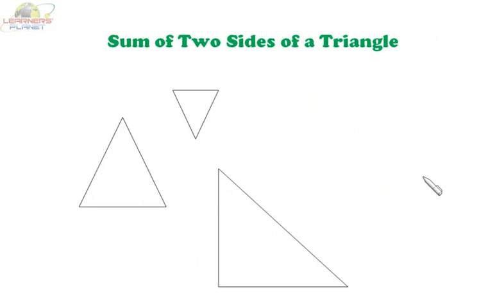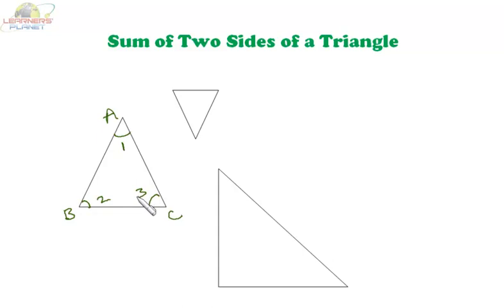Friends, now let's discuss the sum of two sides of a triangle, and we are also going to discuss that the sum of two sides of a triangle is greater than the third side. We see various triangles over here. Suppose this is triangle ABC, and this is angle 1, angle 2, and angle 3.